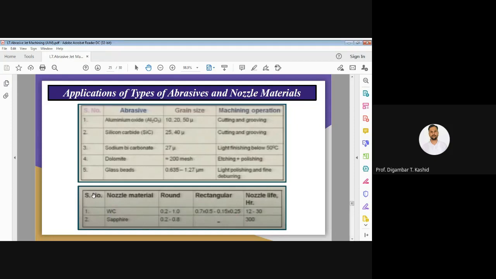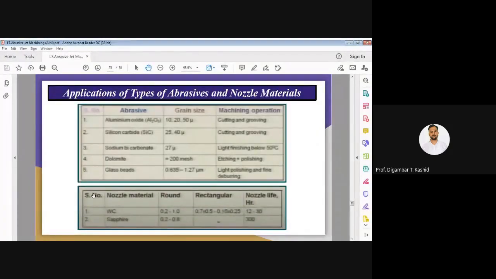In the first table you will get the types of abrasive. First is aluminum oxide, Al2O3, which is normally used.